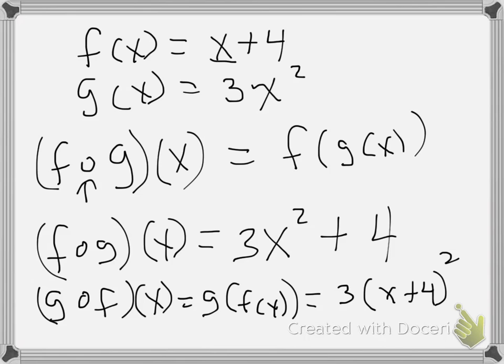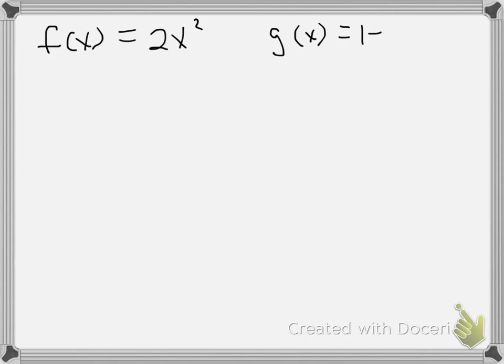So, let's take a look at another example. Let's say that I told you that f of x was equal to 2x squared, and that g of x was equal to 1 minus 3x squared.